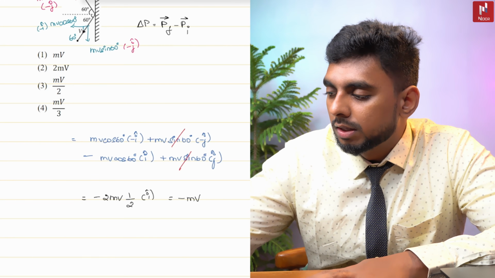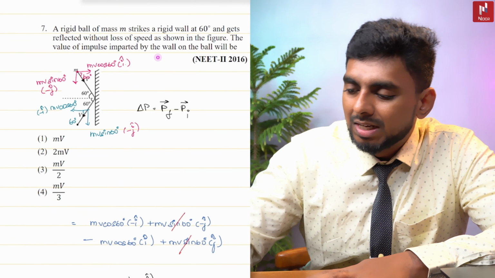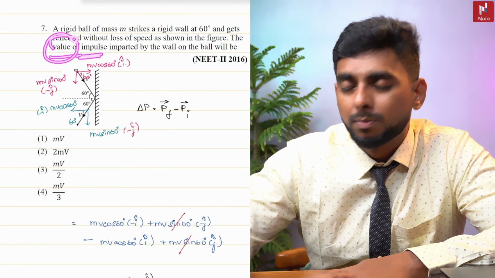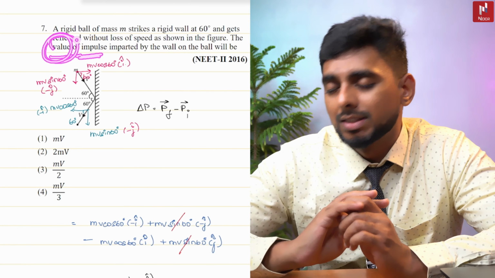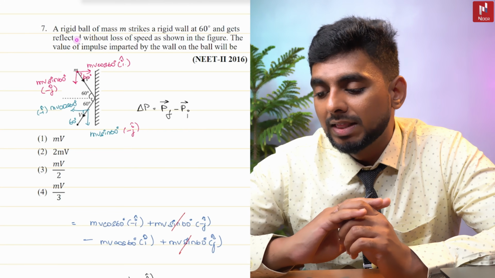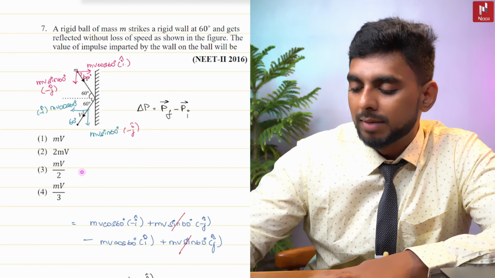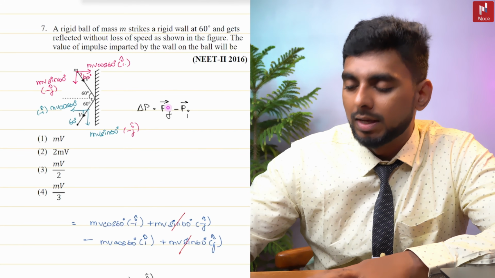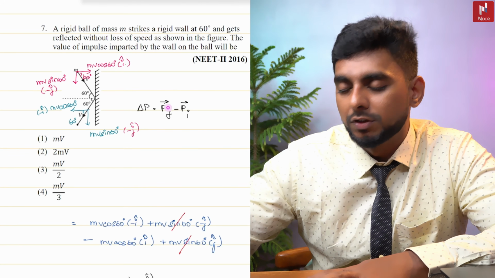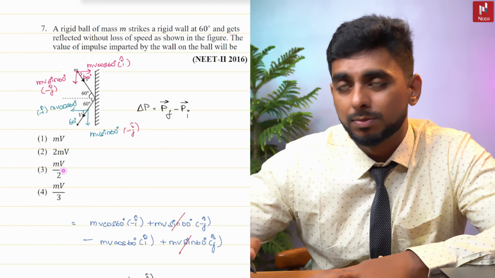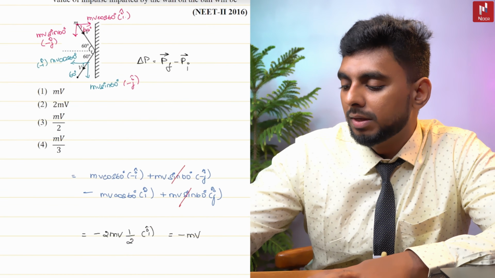Fine. So when you look at the options, what they're asking is to find the value of impulse imparted. By the term value, what they're asking is actually to find the magnitude of impulse. If they had given the negative sign, then obviously minus mv would be the best choice over here. But they didn't confuse us, they have just taken out this negative sign from all those options. So it is pretty obvious mv should be my answer.